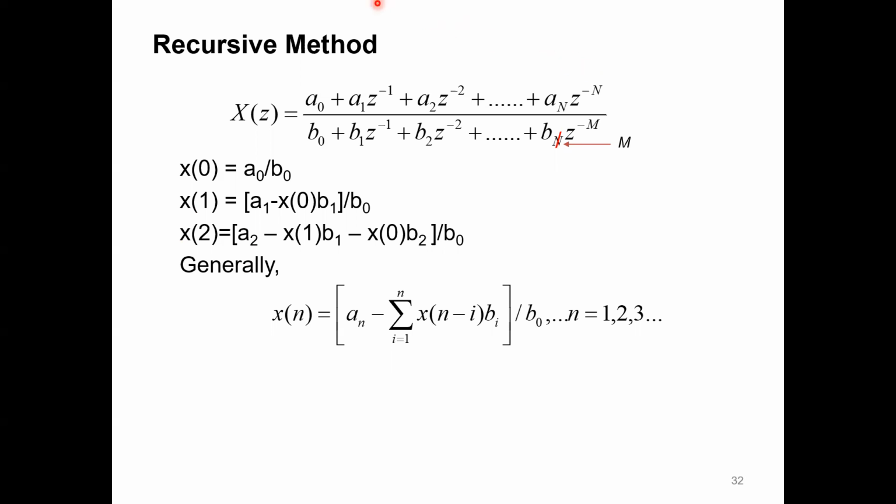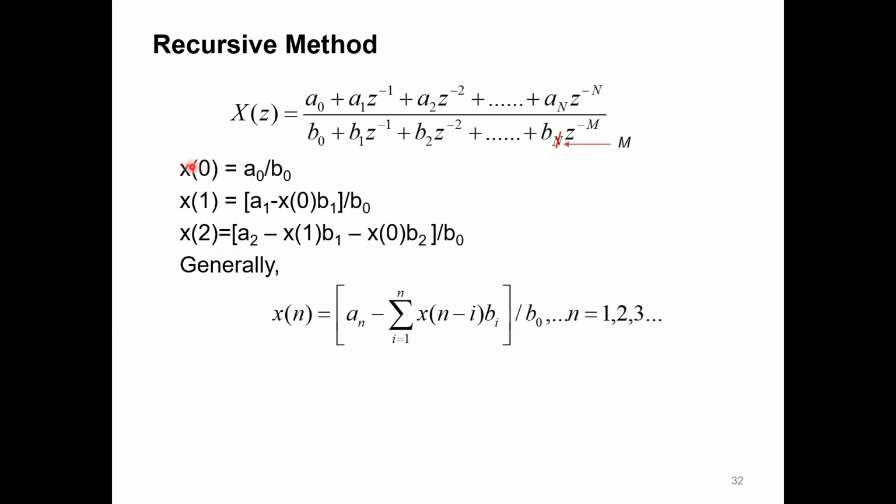So same long division given this way, now you use an algorithm. x0, which is the first sample, is a0 over b0. So all you need to do is figure out what is a0, a1, a2, and so on, which are the coefficients of the numerator polynomial, and then b0, b1, b2, and so on, the denominator polynomial coefficients. Now it's all about these a's and b's.